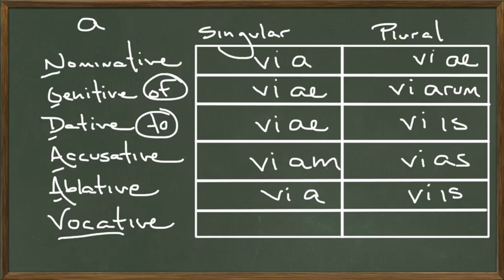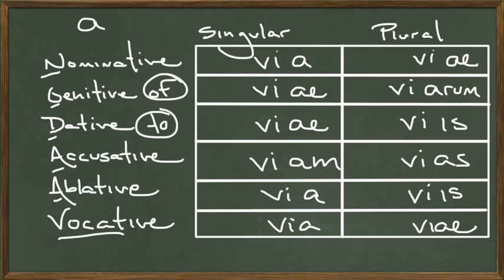Okay, in the vocative, you would use the vocative if you were calling the road. So you're literally calling the road. Hey road, come here, which makes no sense. But anyway, it would be via. And in the plural, it would be viae. The vocative is often, not always, but often the same as the nominative.